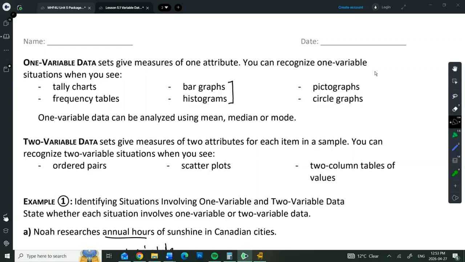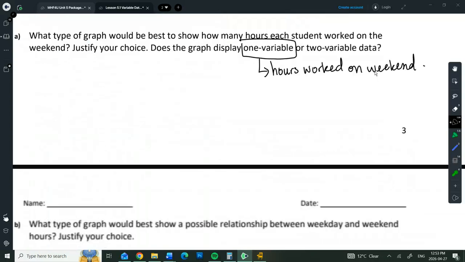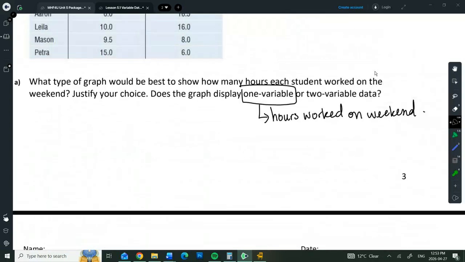Yeah, bar graph is probably a good option. You can have each student name on the bottom, and then you can have their number of hours worked and just do like a bar going up to each of the hours. Okay, perfect. We're going to do that on the next page.